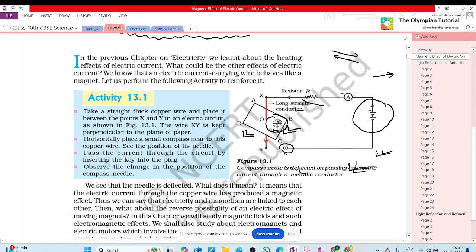Are you getting it? Yes, ma'am. So deflection in this compass needle shows that there is a magnetic effect of current, or there is a magnetic effect in the circuit. And how is it produced? It is produced by the electric current.